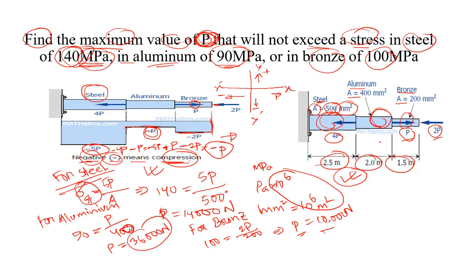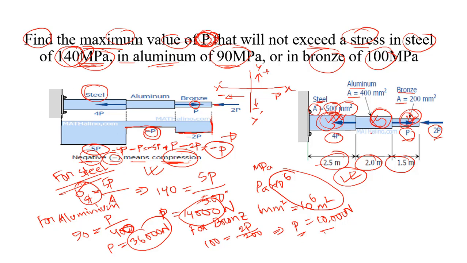Bronze will also fail. If we put 14,000 Newton, then the steel and aluminum will sustain, but bronze will fail. That means the total structure will crack down or fail.